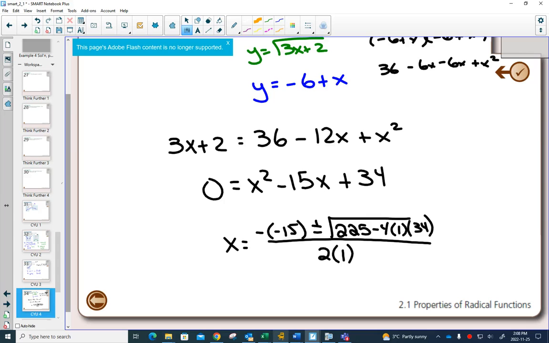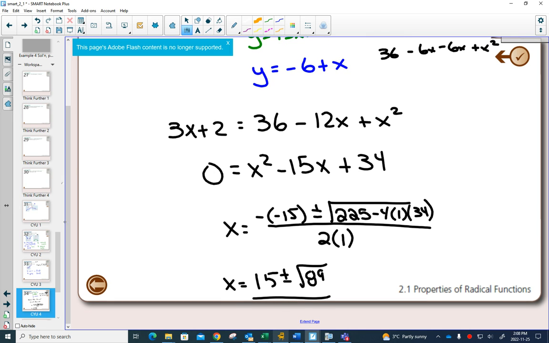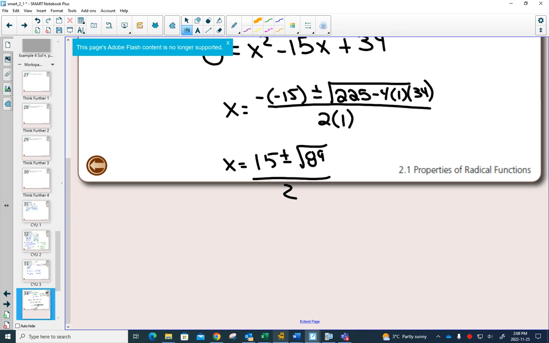Plug it into your quadratic formula. And we get x equals 15 plus or minus the square root of 89 all over 2. And then you could check that on your calculator, what they are.